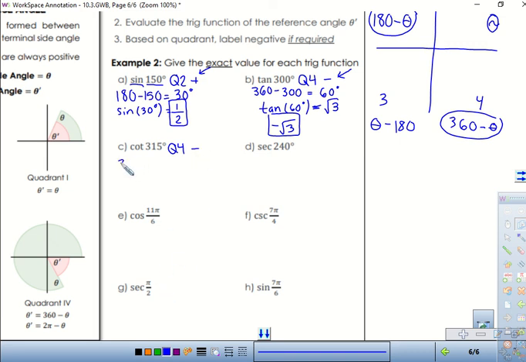We use our reference angle. 360 minus the angle is equal to what? 45, right? Meaning we have to do cotangent of 45 from your chart, which is 1. Cotan of 45 from the chart is 1. But the answer isn't 1, it's actually what? Negative 1.